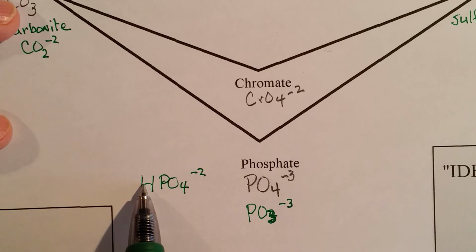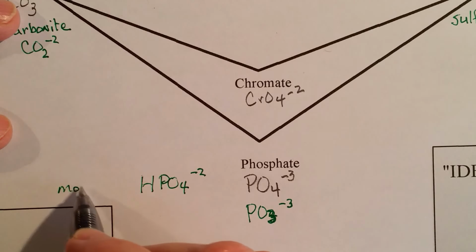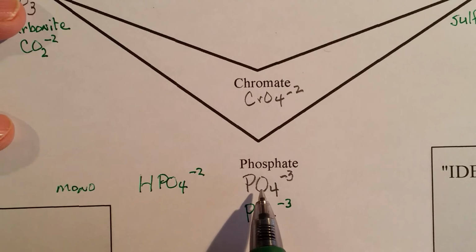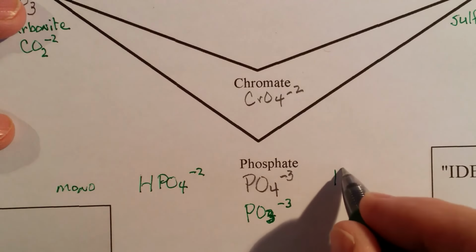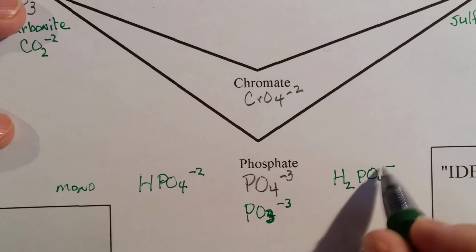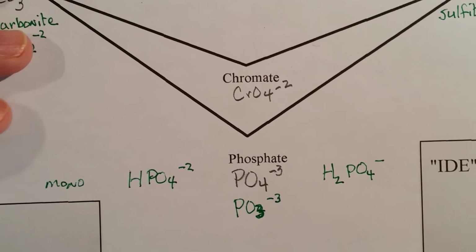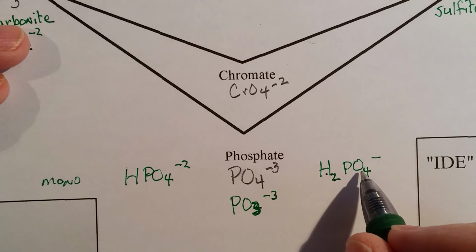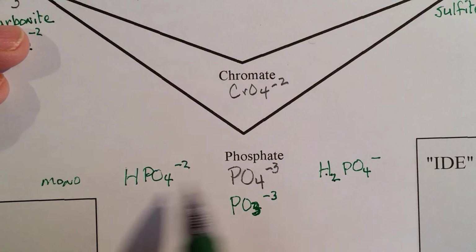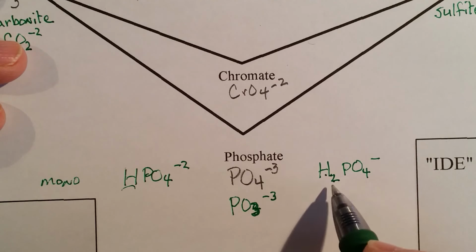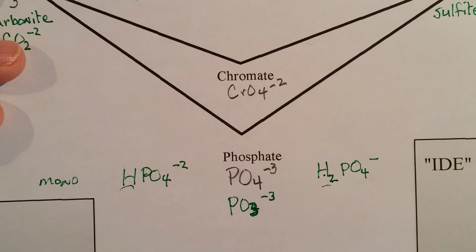Well, there's only 1, so we use the prefix mono. Monohydrogen phosphate. Because for phosphate, I can have 2 hydrogens, and that still leaves me with a polyatomic ion with a -1 charge. So this would be dihydrogen phosphate. All 3 of those will have different charges because of the presence and the number of hydrogens that are present.